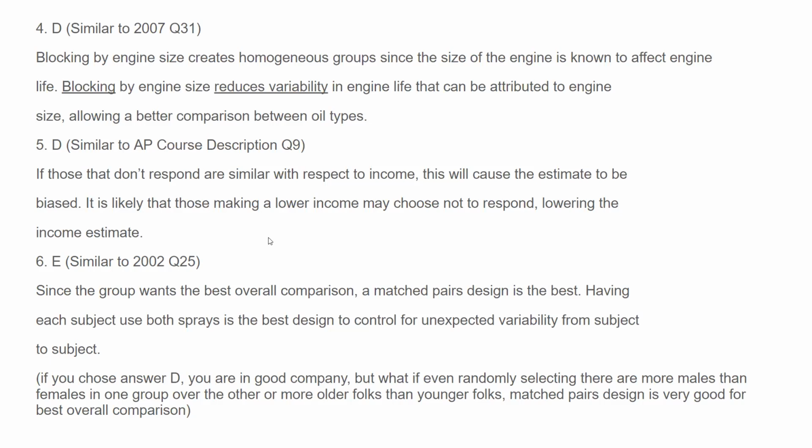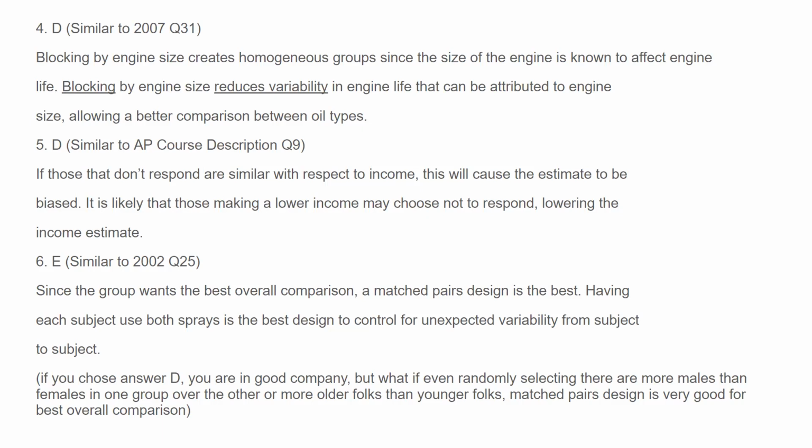Number 4 is D, similar to a problem in 2007. Blocking by engine size creates homogeneous groups since the size of the engine is known to affect the engine life. You want something that is known to affect it. If we go back to that dog blocking activity, we knew that the dogs in each breed were very similar to each other and that this had an effect on their bone density.